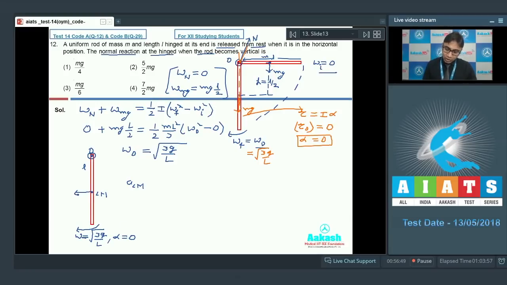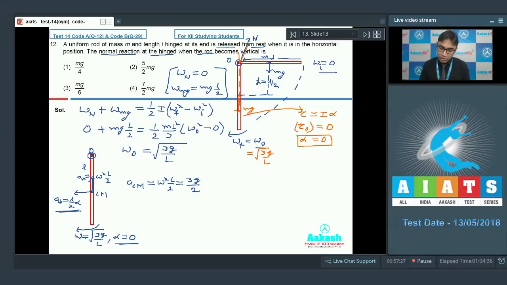One is along the tangent, that will be R alpha, that means L by 2 alpha, and one is towards the center, that is omega square R, so omega square L by 2. This will be the normal acceleration. Since the tangential acceleration is 0 because alpha is 0, the acceleration of the center of mass will be omega square L by 2, and that will be equal to 3g by 2.